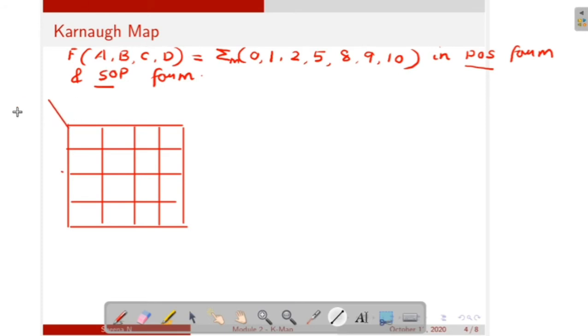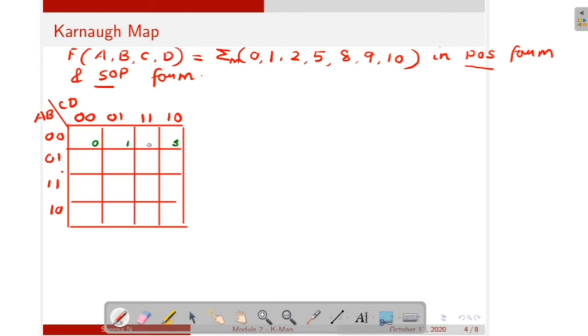So this is the 4 variable K-map. Here we have AB, and here it is CD. So 00, 01, 11, 10. Here also 00, 01, 11, 10. Okay. So the minterms, we can write the decimal value of the minterm in each square.